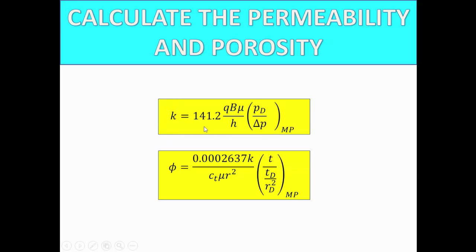K equal to 141.2 QB mu over hash PD over delta P, and porosity equal to 0.0002637 K over CT mu R square times T over TD over RD square.